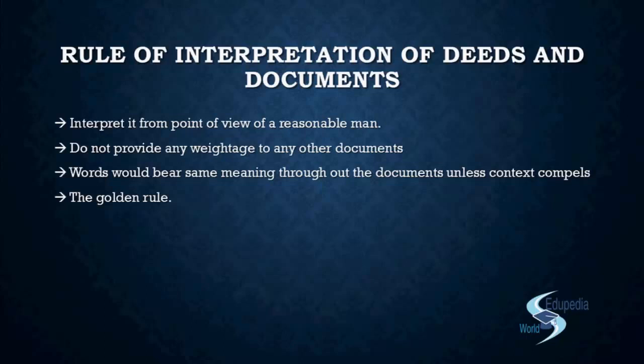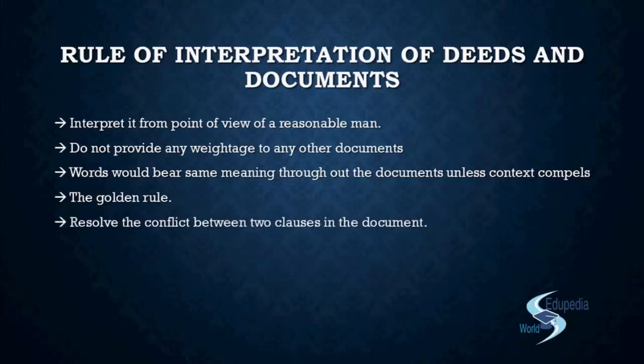So first, read the entire document, understand the circumstance in which that word has been used, and then understand that there is a difference between a layman and a trained person, and their usage of a particular word can also be different. So you'll have to keep that in mind, keep the intention in mind, and then go ahead with the interpretation. Clear with it? So that is all about the golden rule.